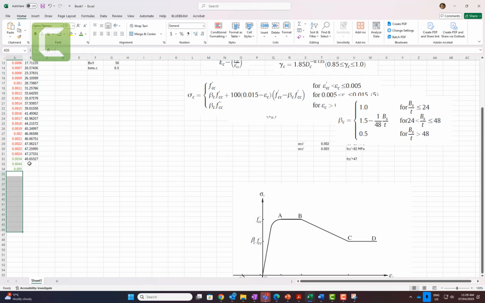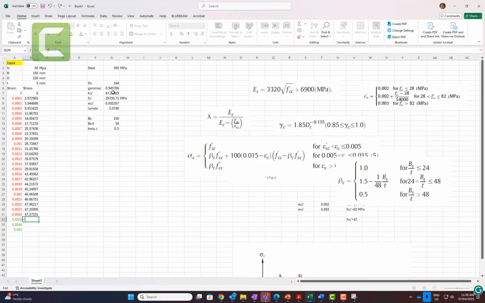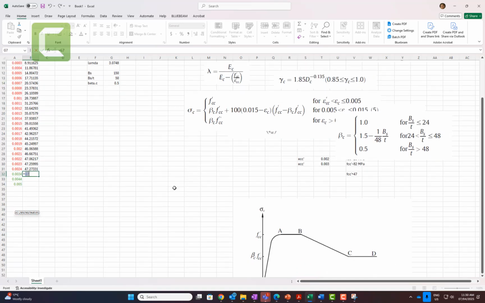And those three values that we're going to get, 0.035. We don't need these ones, we just need fc'. So in here, for fc' in this range, we can just put fc' here, and we're going to lock it. So that is A to B done.